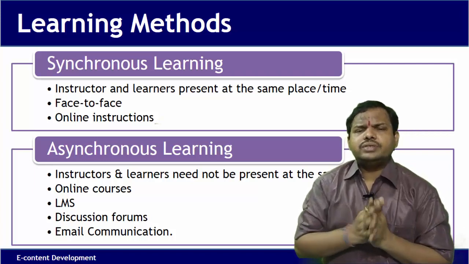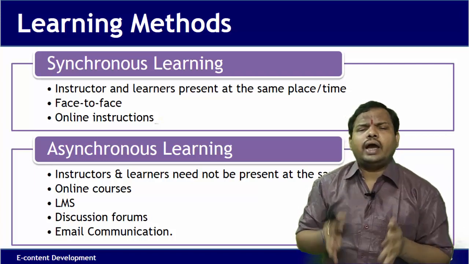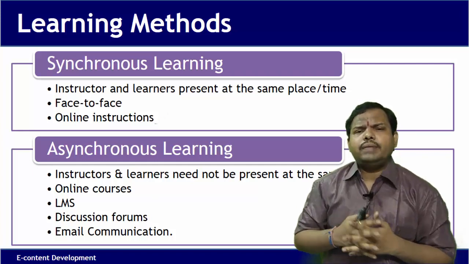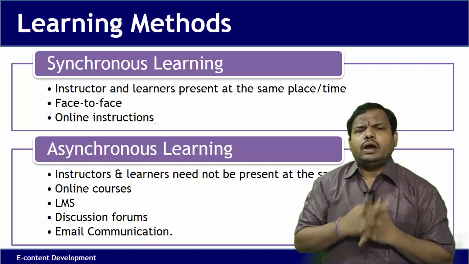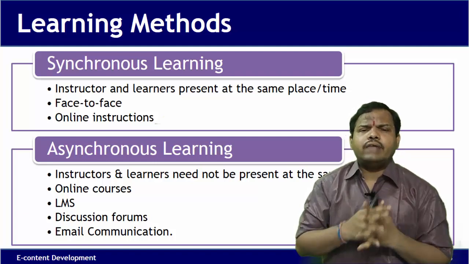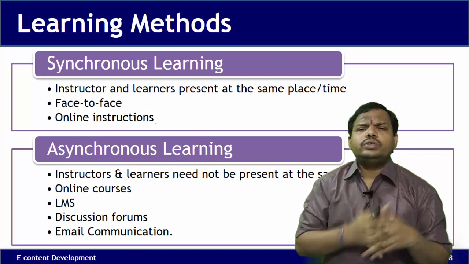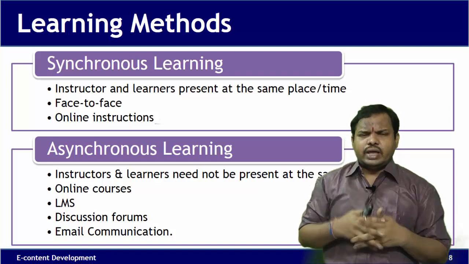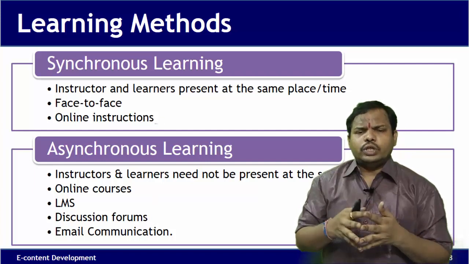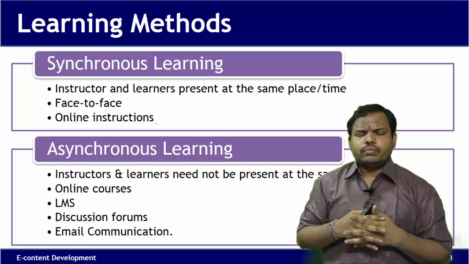For delivering these types of courses, you need to know the learning management systems. There are many learning management systems available in the market today, Moodle being the most popular, then Canvas, then Edmodo. These are various learning management systems that help the instructor deliver a course over the online platform.